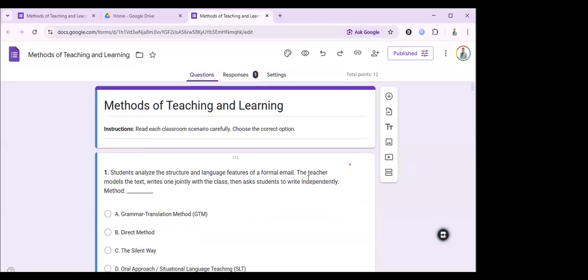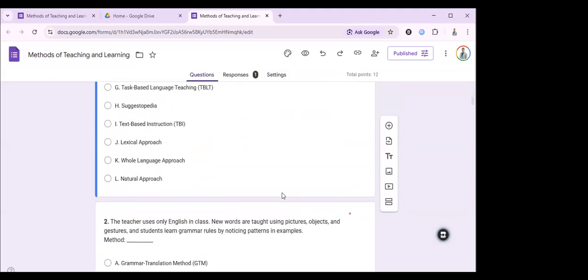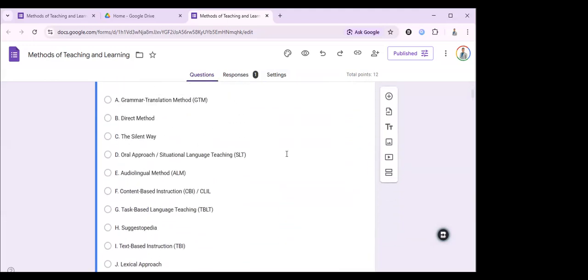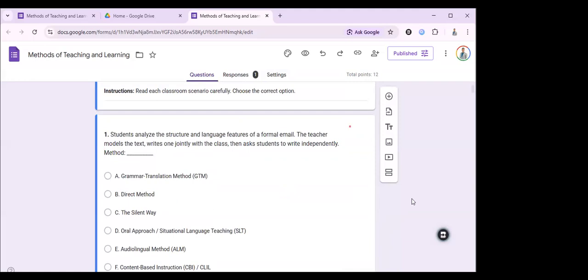Then the teacher models the text, writes one jointly with the class, then asks the students to write independently. So this method is, I think we have here the genre, like the formal email.